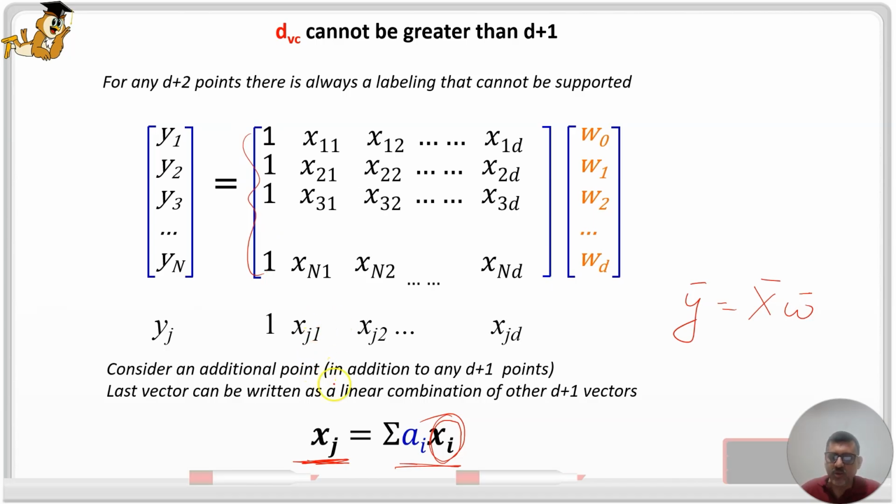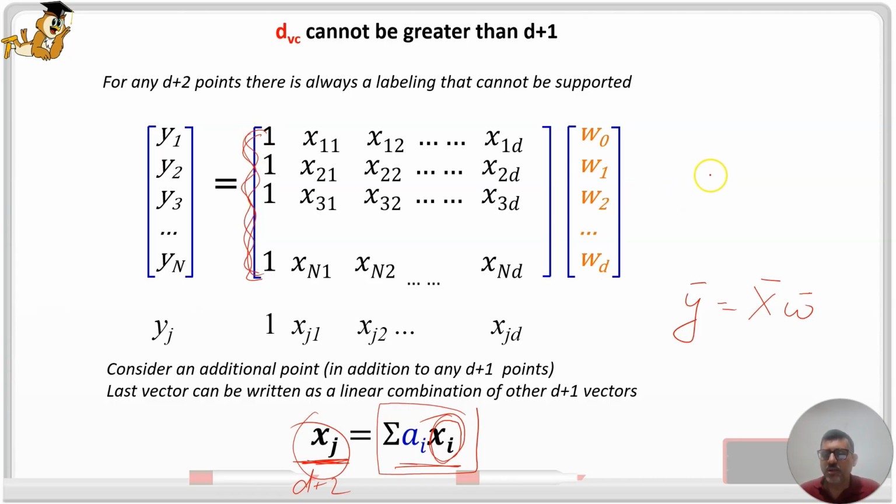The reason I can do that is because this is the d plus 2th vector, and if it cannot be written as a linear combination of these, it means that these were linearly dependent on each other, which means that even amongst these, all labelings cannot be supported.